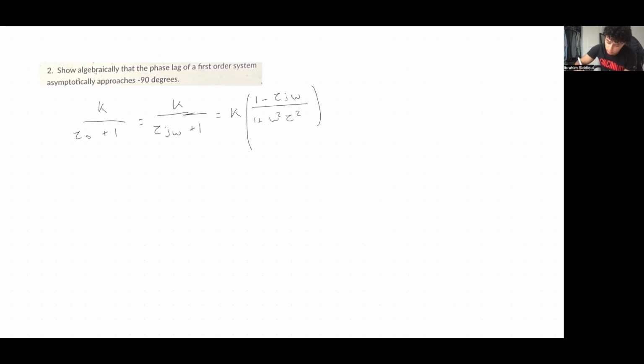Okay, let me just make this look a little prettier, as my handwriting's bad. So what we want to look at now is our amplitude ratio. Our amplitude ratio for this function will look like this. Again, we're looking at a square root, and again, this is going to be our K pulled out. On the top, inside the square root, will be 1 squared plus omega squared times tau squared, and this will all be over 1 plus omega squared multiplied by tau squared.